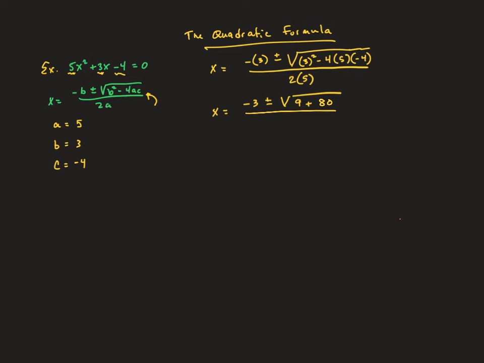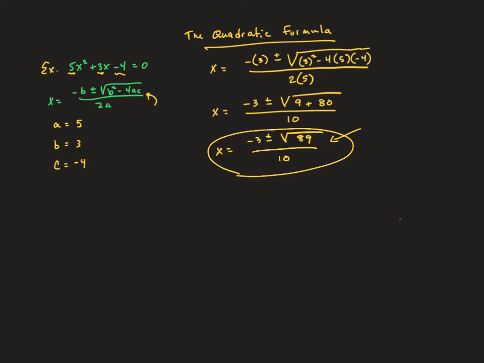All of that is going to be over 10, and that is going to simplify down to negative 3 plus or minus the square root of 89, all of that over 10. And we could probably leave it there. I don't know that there's any perfect squares in 89, so I can't really simplify that radical anymore.